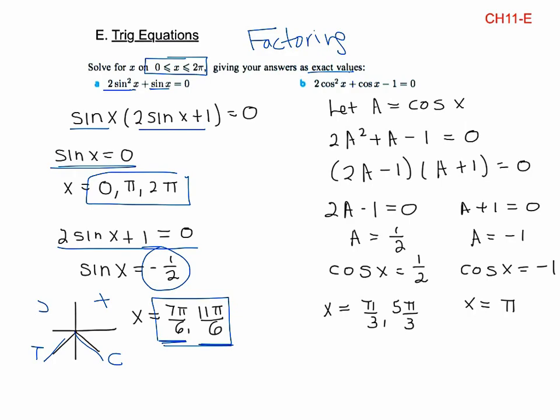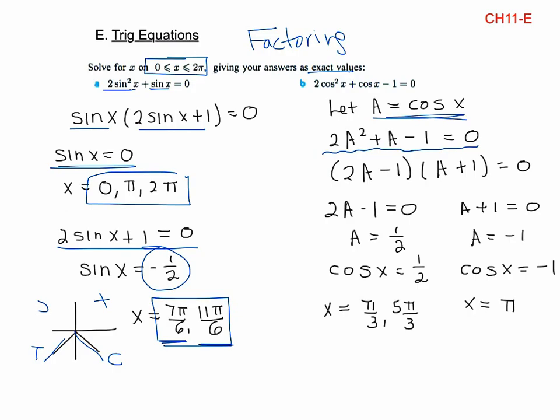Moving on to the next question, we have 2 cosine squared x plus cosine of x minus 1 is equal to 0. Let a be cosine of x. So we have 2a squared plus a minus 1 is equal to 0. This is a quadratic, and a lot of times in this section, these quadratics will be factorable.